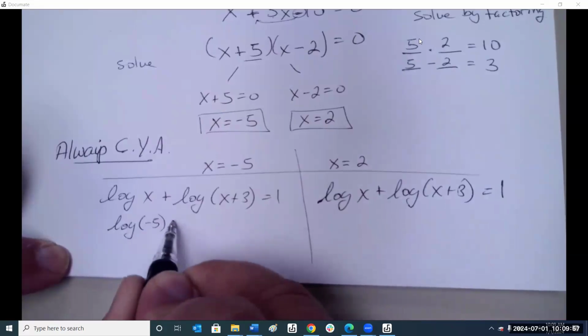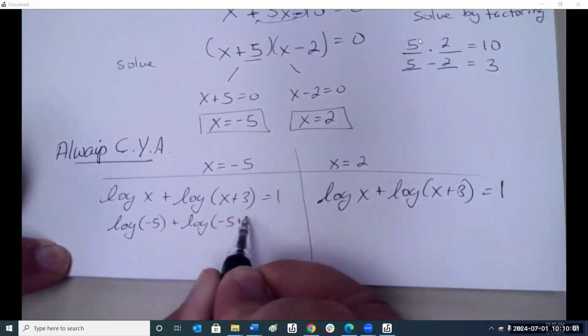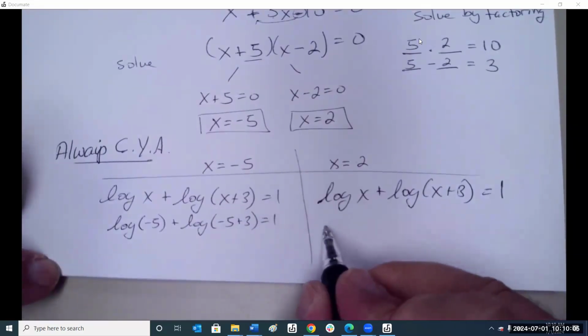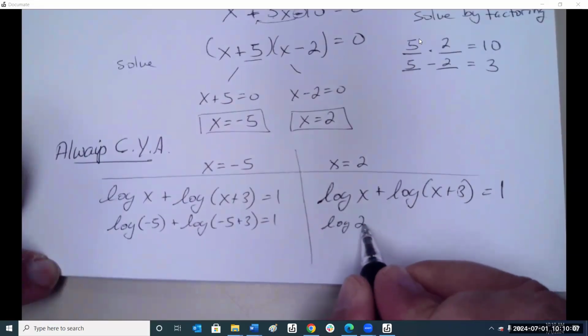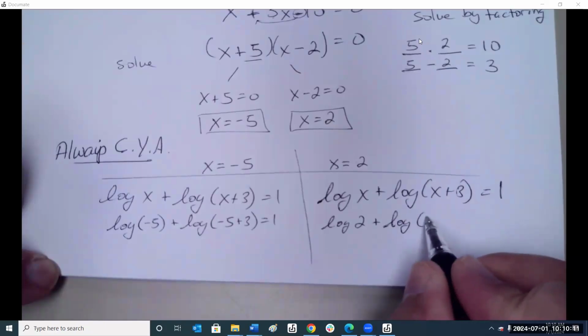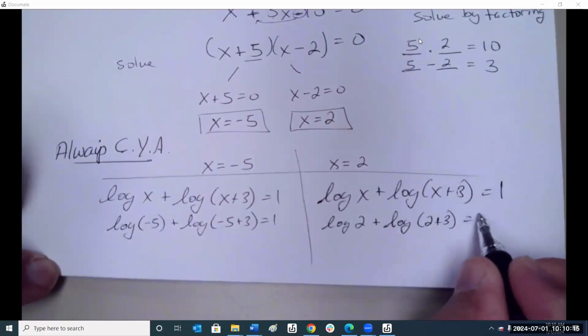So log -5 plus log of -5 plus 3 equals 1, and log of 2 plus log of 2 plus 3 equals 1.